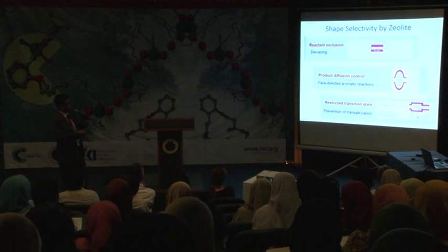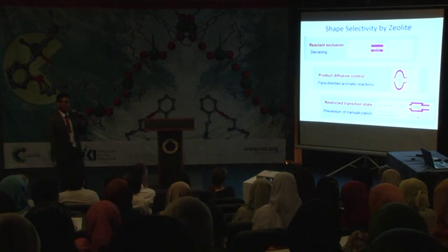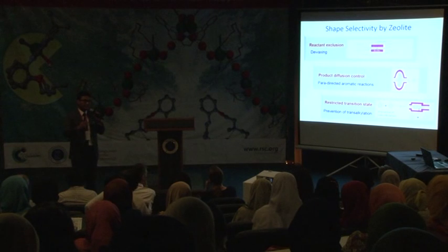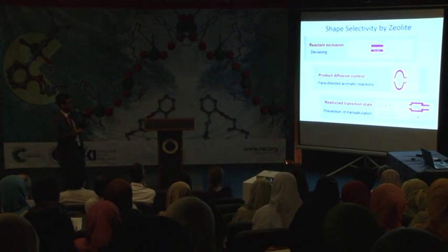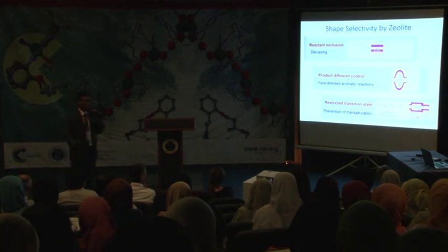And there is also a function as product diffusion control. So the molecules that have a shape close to the dimension of the pore in the zeolite can diffuse faster than the other molecules. For instance, in the production of paraxylene as the intermediate of the styrene, if I'm not wrong.